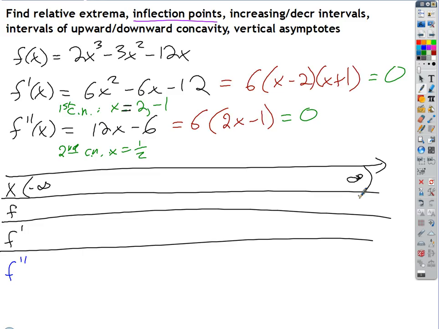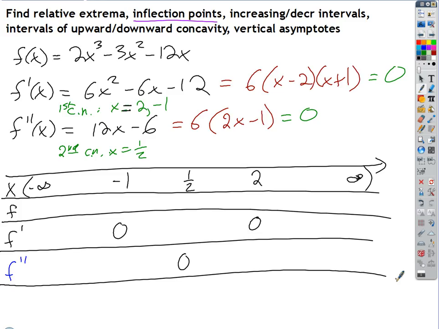We had negative 1 and positive 2. Second derivative critical number was 1/2, right? So it still goes up top too? Yeah, so it goes up top. Now we can remind ourselves which is which by putting zeros there and there, right?